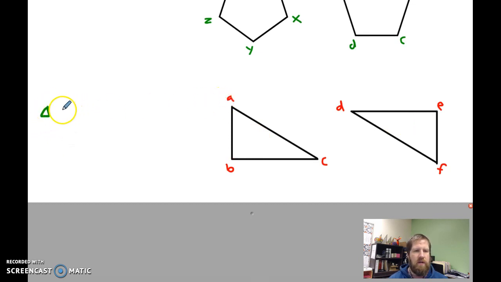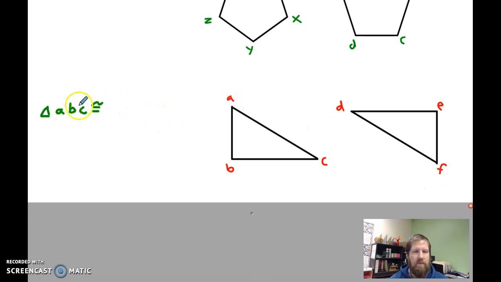If this is triangle A, B, C, I'm going to say that it is congruent to, and I've got to make sure that I'm having the same corresponding angles. So ABC is not going to be congruent to DEF because angle A is not congruent with angle D. They're not corresponding angles. It is going to be congruent with angle F.